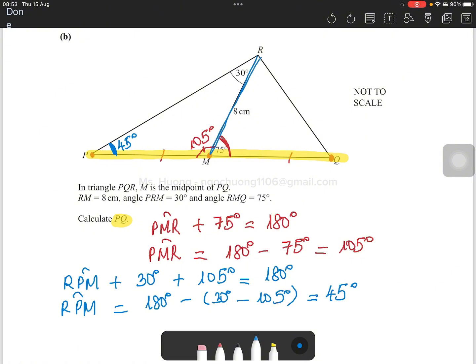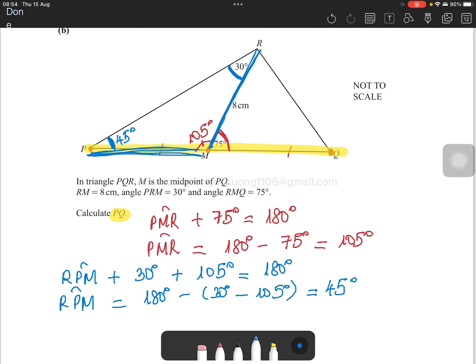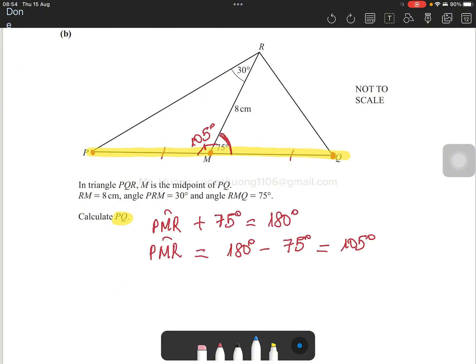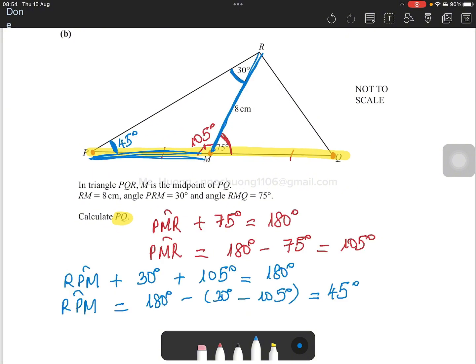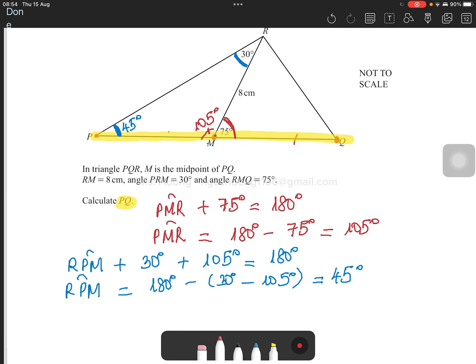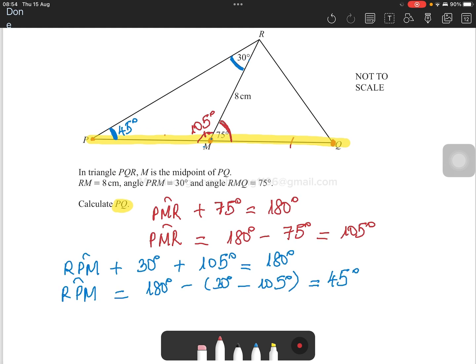45 degrees is opposite to 8 centimeters. So we can find the length of the side that is opposite to 30 degrees using the sin rule. And now we'll apply the sin rule in the triangle PMR. Look at the triangle PMR.